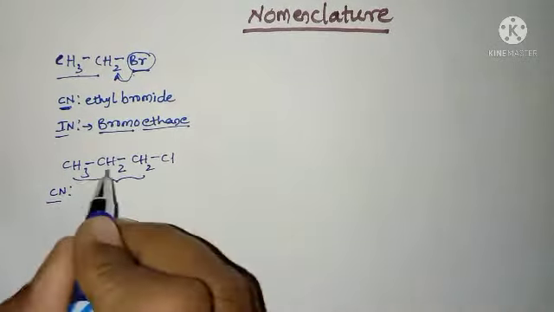One important thing you need to remember here: the common name we have named as n-propyl chloride. In the IUPAC naming, first you need to select the longest chain of carbon atoms, and you need to start the numbering from the carbon atom which is nearest to the halogen atom.